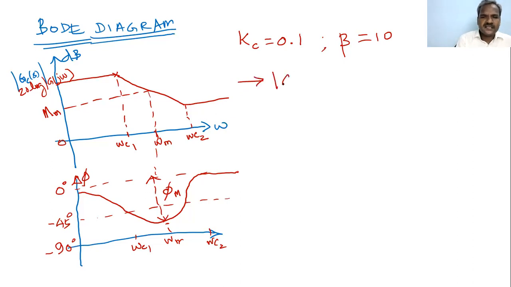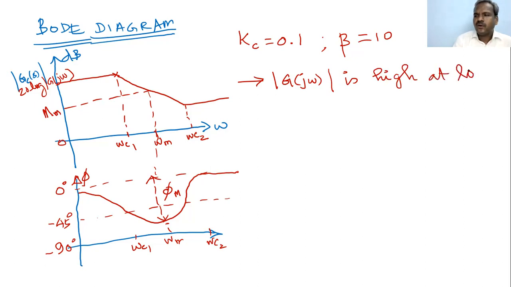The magnitude of G of j omega of the lag compensator is high at low frequencies. See here, in this low frequency region, the magnitude is high.